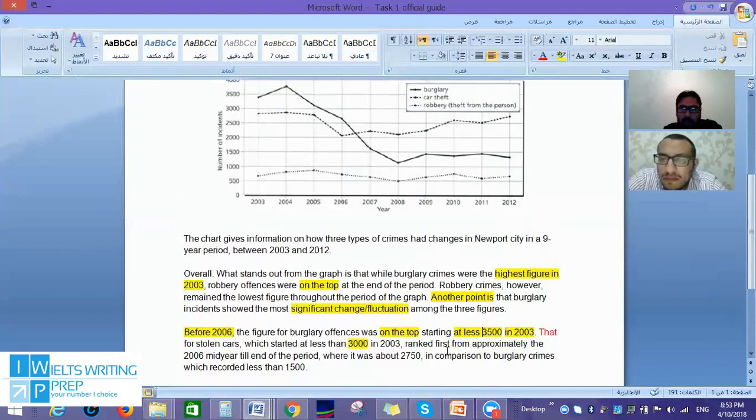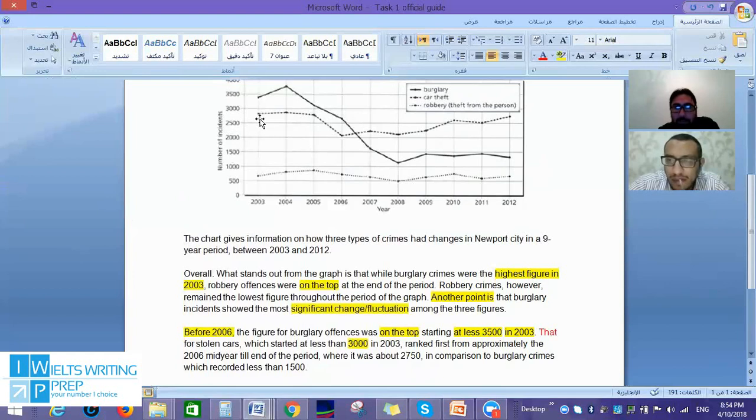Robbery ranked first from approximately mid-2006 till the end of the period, where it was about 2,750. You did that here. You know how to do that. Okay, that was more accurate.